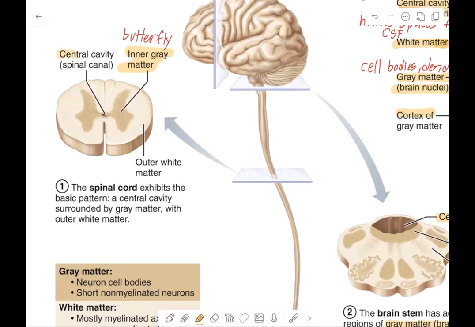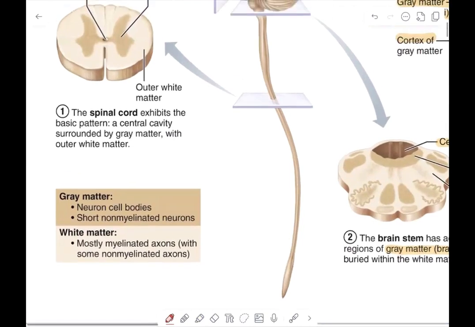In the very center of the spinal cord is a spinal canal, which is called the central canal. And it's an extension of the ventricular system, which is in the brain. So the spinal cord exhibits kind of a basic pattern, a central canal surrounded by gray matter and then outer white matter.